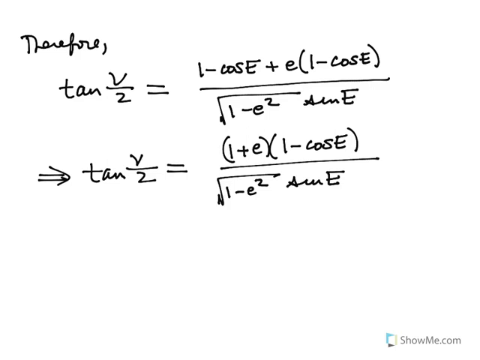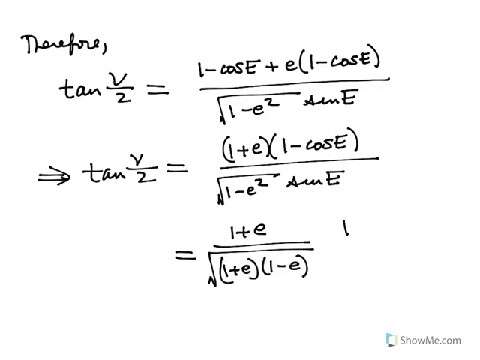But the denominator, because it's 1 minus e squared, there's a square root of 1 minus e squared, can be rewritten like this. You get 1 plus e, all divided by the square root of 1 plus e times 1 minus e, and then you've got 1 minus the cosine of e, all divided by the sine of e, which can be rewritten as follows.